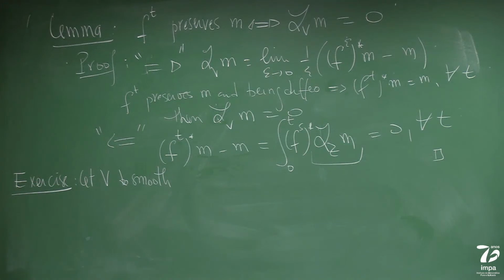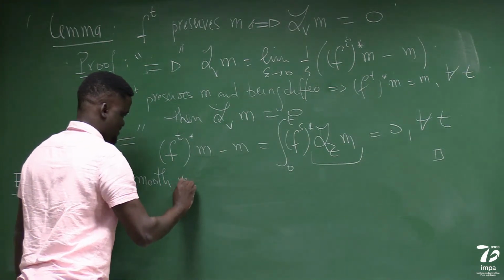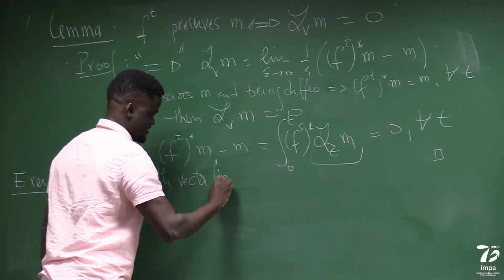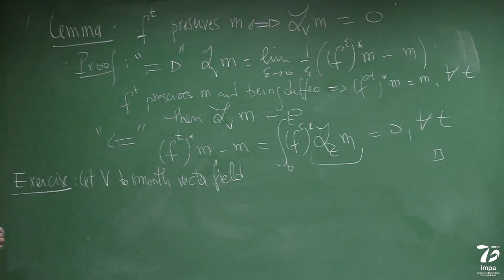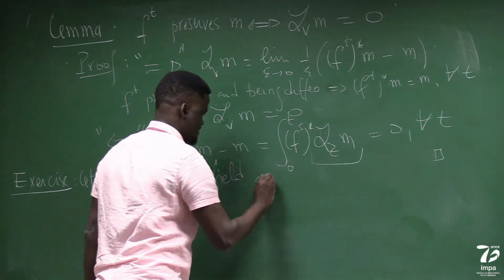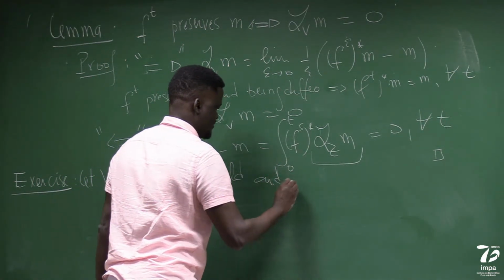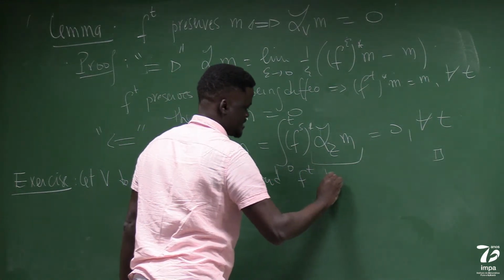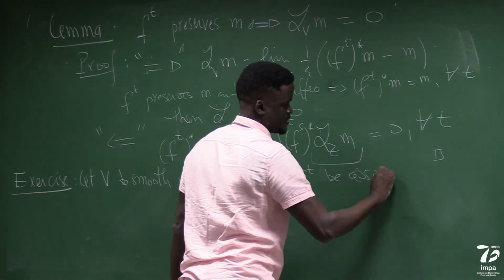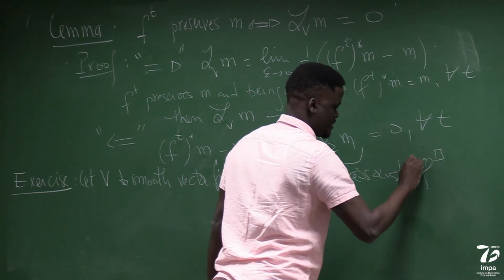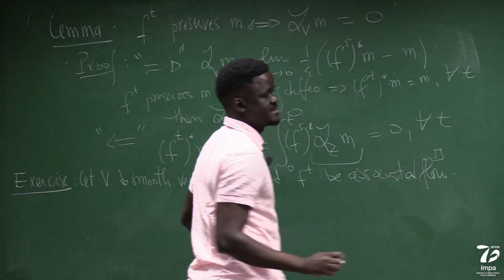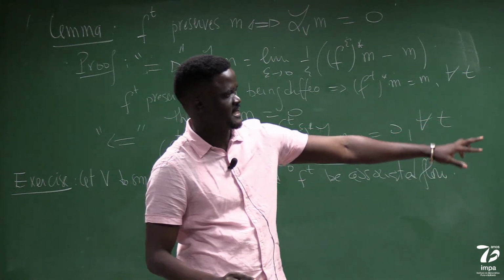You do coordinates. Be a smooth vector field, and f_t be the associated flow. Whenever I say associated flow, I mean the flow defined like this, okay?